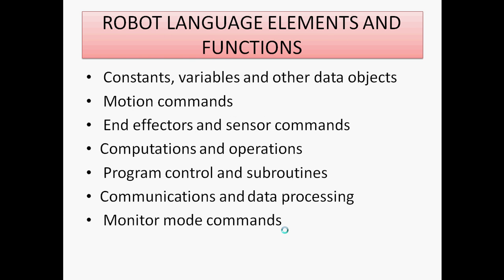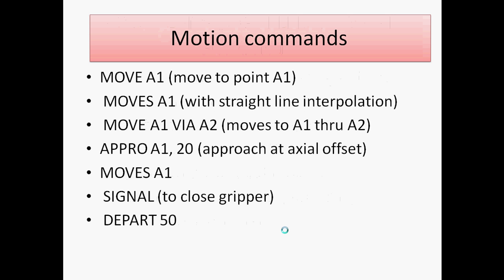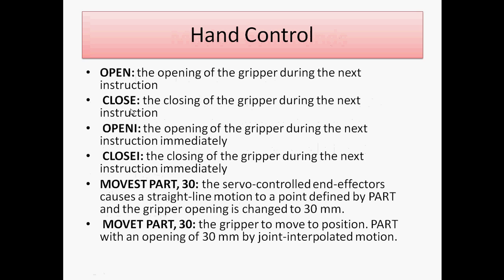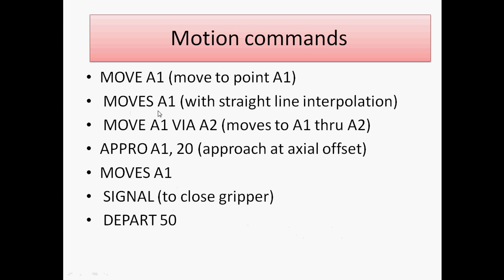Similarly we are discussing the robot language functions, that is, motion commands. We operate MOVE A1, which means move to point A1. That is how we define it for the VAL-1 language: move to point A1, so in a program instruction we write MOVE A1. Then we also have MOVES A1, which means a straight move along the direction of A1.